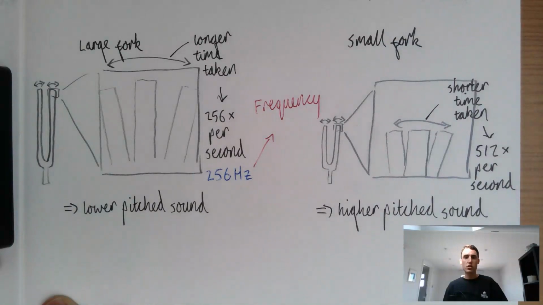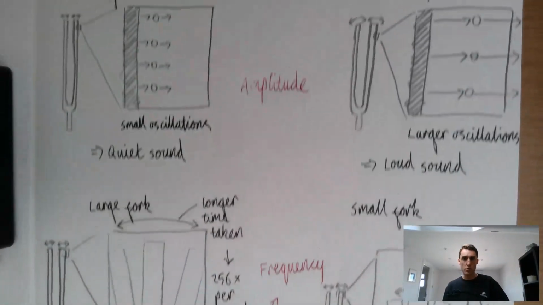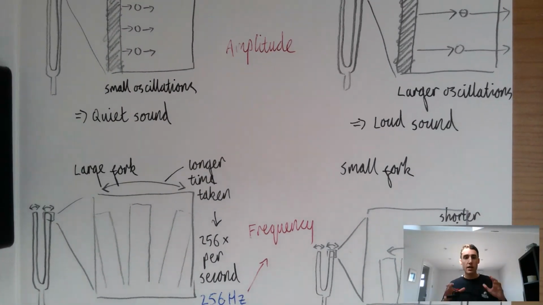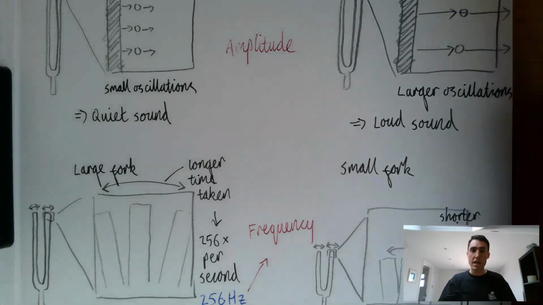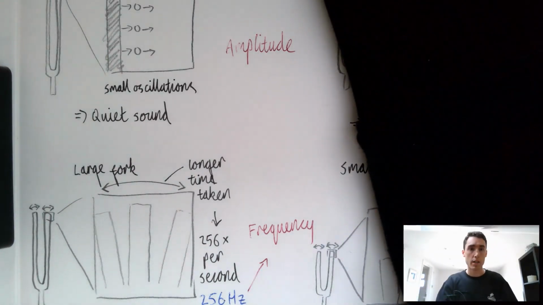But what we want is that students can think in terms of these two words, amplitude and frequency, and that they can view the world, or in this case, listen to the sounds that they hear and think about them in terms of those new concepts.